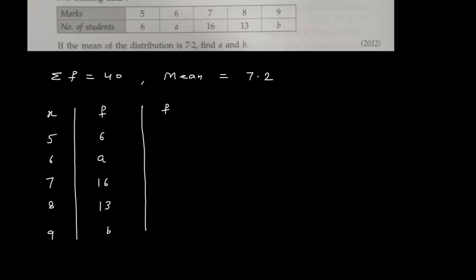Then we have f into x. So 5 6s are 30, 6 into A, it is 6A, 16 7s are, so 7 6s are 42, 2, 4, 7 1s are 7, 7 plus 4 is 11, then 13 8s are, so 8 3s are 24, 2, 8 1s are 8, 8 plus 2 is 10, then 9 into B, it is 9B.